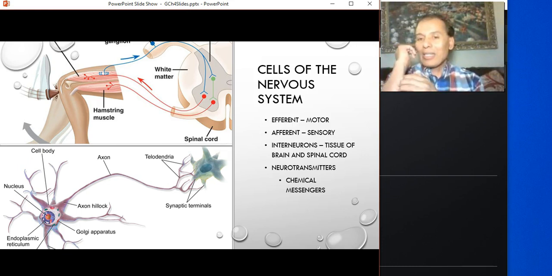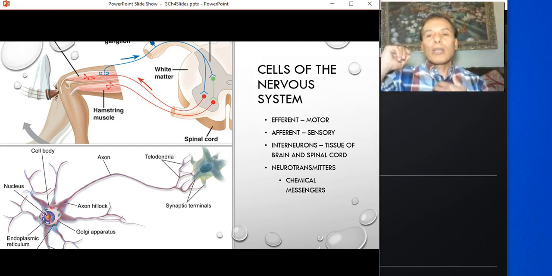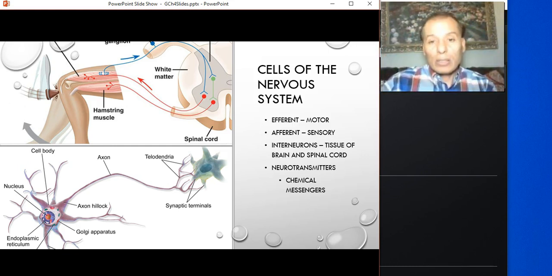This will send afferent signals from the skin, into your arm and through your spinal cord, and that will reach the brain at some point. And then we have the interneurons. Most of the tissue of the brain and spinal cord relies on the interneurons to connect motor and sensory neurons.